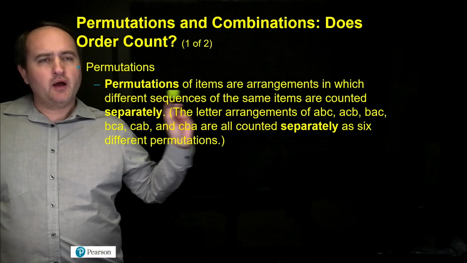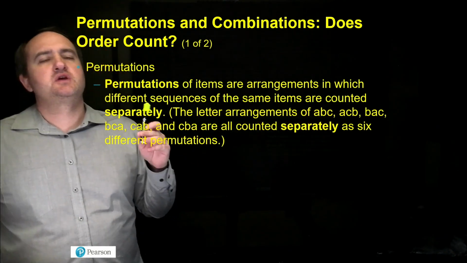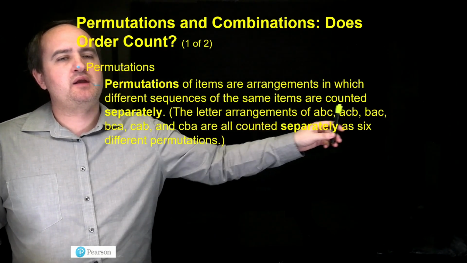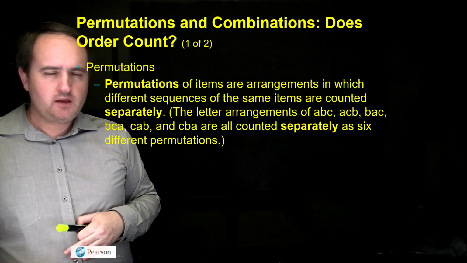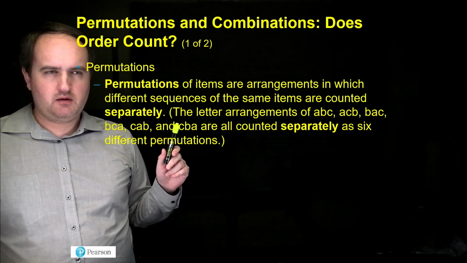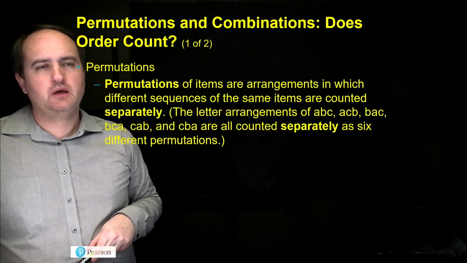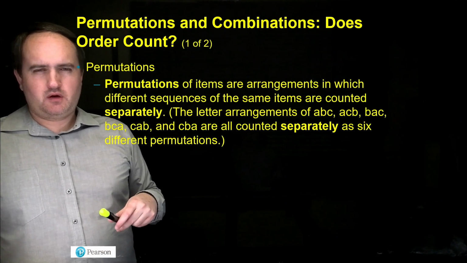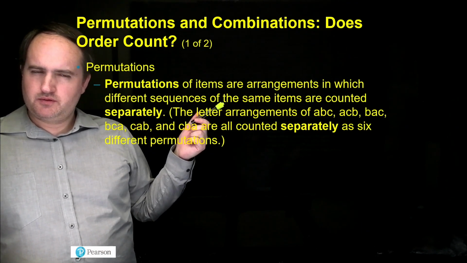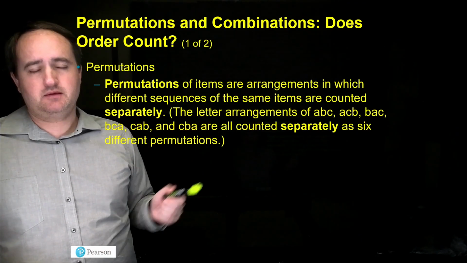Permutations of items are arrangements in which different sequences of the same items are counted separately. In other words, what they're saying here is that order matters. Okay, so this is similar to the factorial rule that we just did.